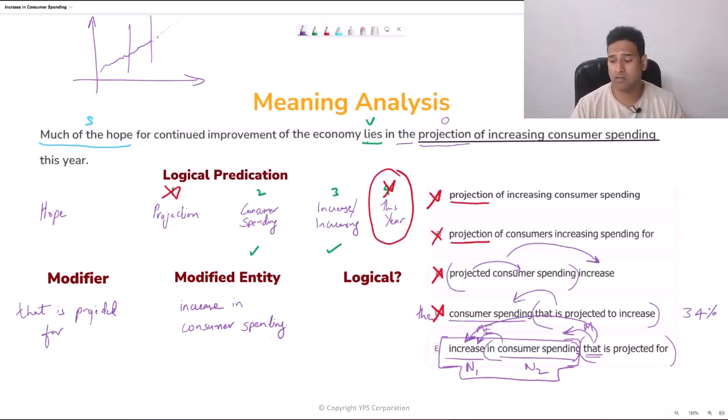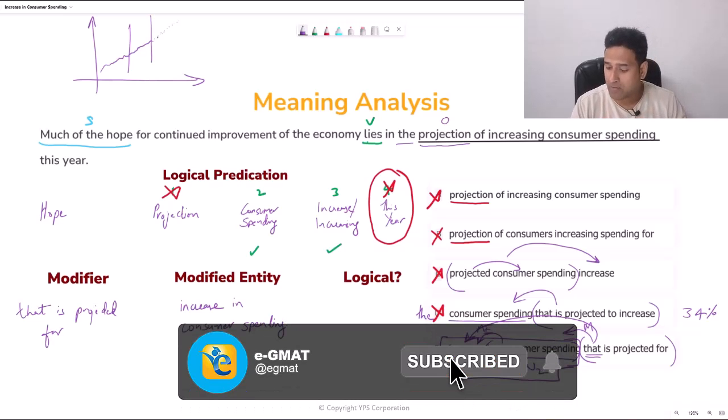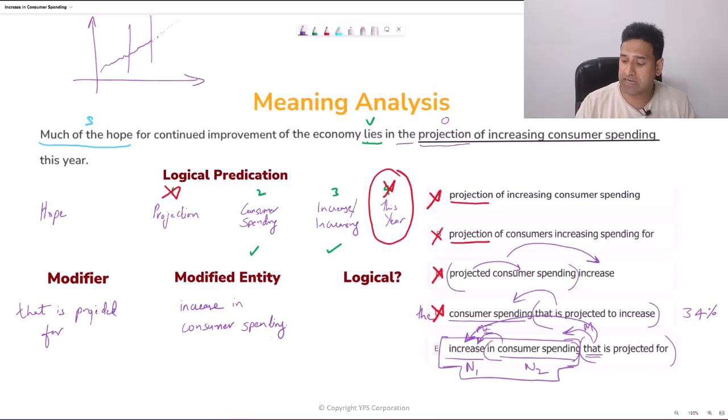It's not that for this year we're going to see consumer spending take place for the first time in the history of civilization, right? That doesn't make sense. Every year we find consumer spending. What is projected logically is an increase in consumer spending, which is typical to this year. So on the basis of logical analysis, we can clearly understand that "that" is referring to "increase," and the increase is what is projected.